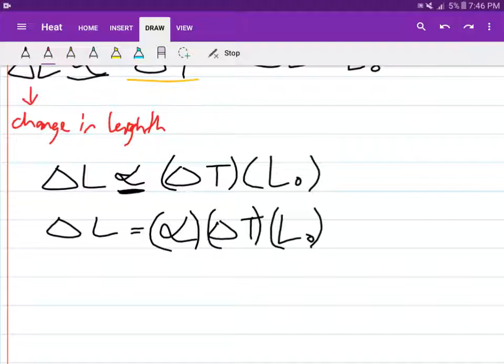This alpha is the coefficient of linear expansion.